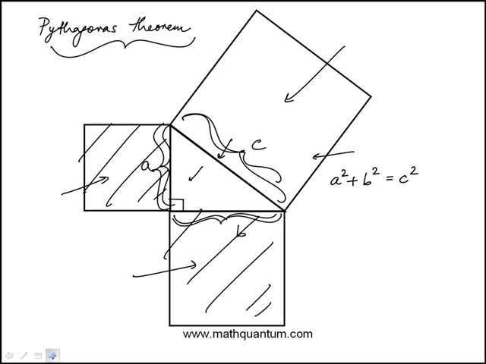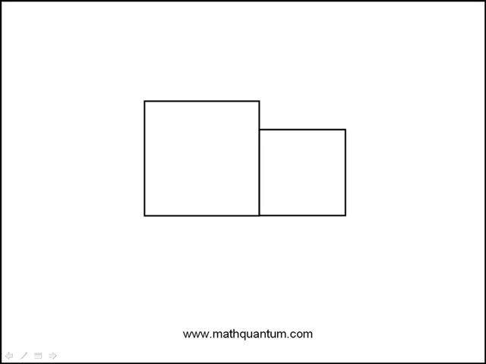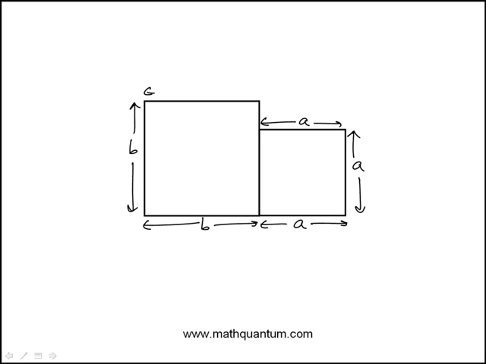So to start the proof, we'll start with the two squares that correspond to those sides, and I'll call these the dimensions. This is b by b, and the other one is a by a square. So the key step for this particular proof is to draw two lines that will give you that right triangle.